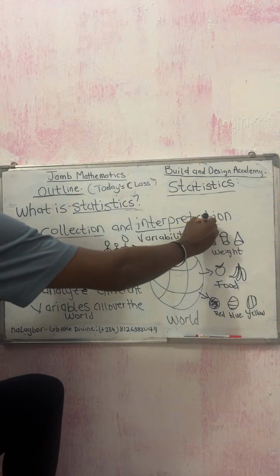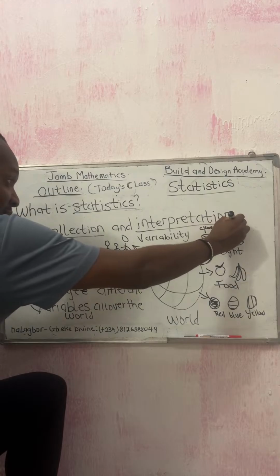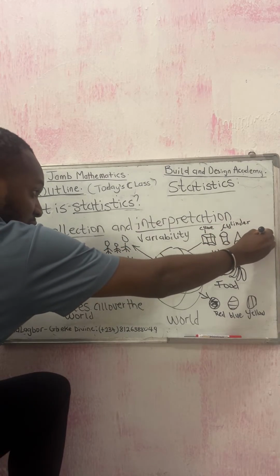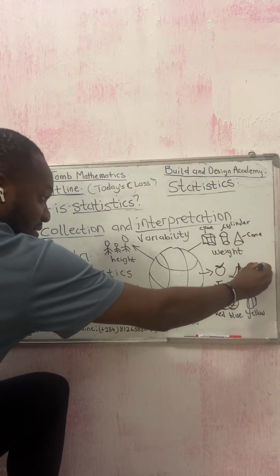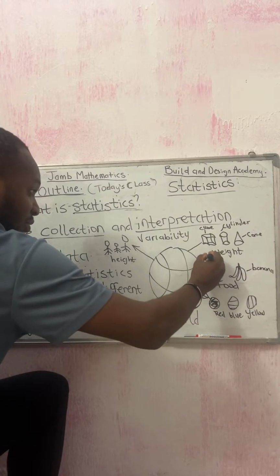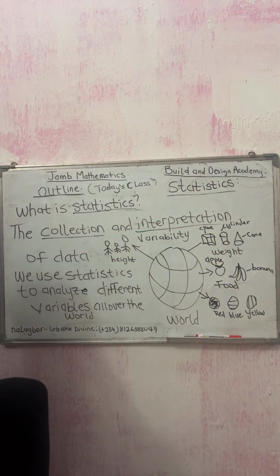This is a cone, this is a cube, this is a cylinder, and this is a cone. This is a banana. This is an apple. So they are not the same. Since they are not the same, you can analyze them using different statistical methods.